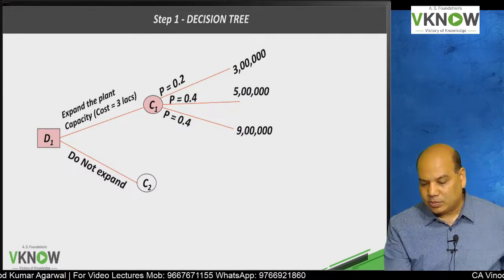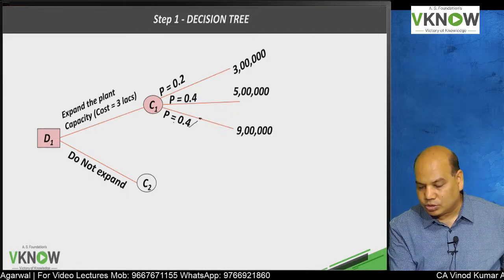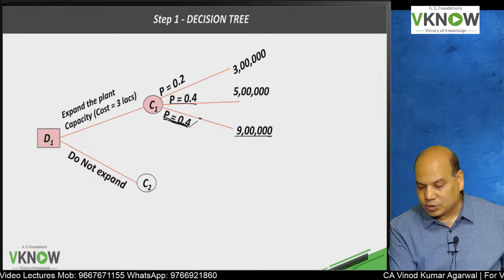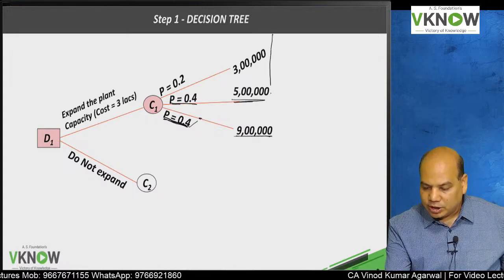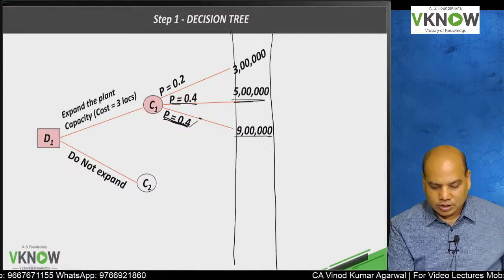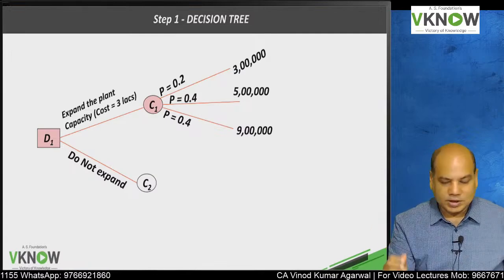The probability will be written very close to the branch, so that one can understand that this 0.4 is for this 9 lakh, that this 0.4 is for this 5 lakh, and preferably they should be written in the same line. Even though it is a decision tree, follow some discipline.